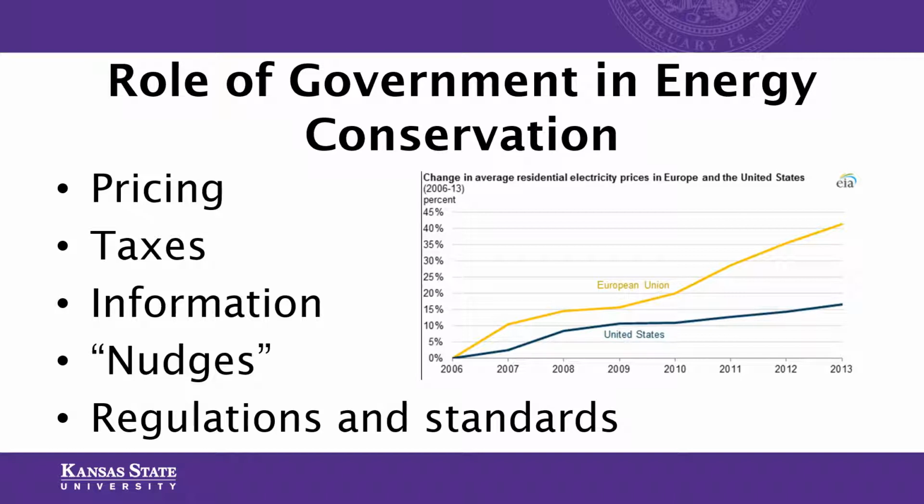That's one of the reasons why their energy consumption is lower. They also have higher energy efficiency standards for buildings. So if you're building a new building in California, there are building codes that require certain standards be met for energy efficiency. So the government can certainly play a role in setting all of this.